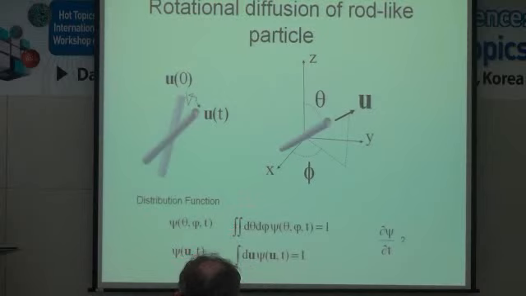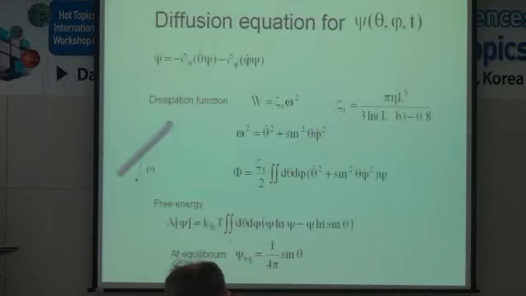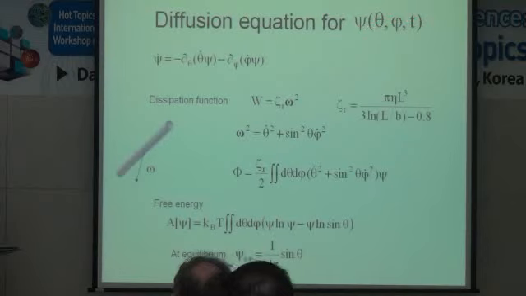And I will derive the time evolution equation for the distribution function using the Onsager principle. This is a bit of mathematics, but okay, let me go through. So this is a diffusion equation for the distribution function written in angular coordinates.